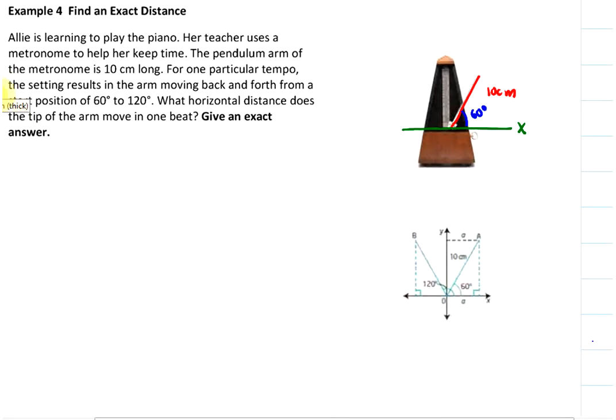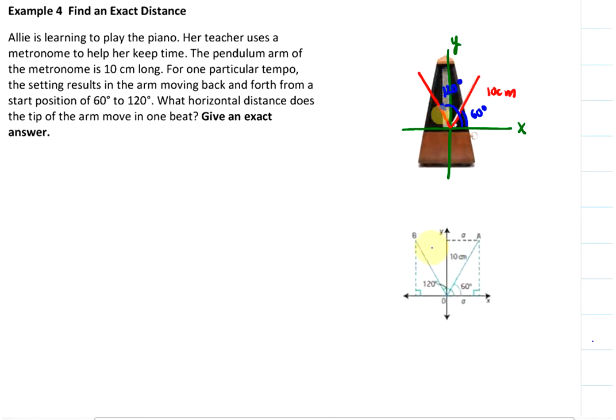So let's draw in a y-axis, which will be around here. And the arm will move then into this quadrant and create an angle of 120 degrees here.